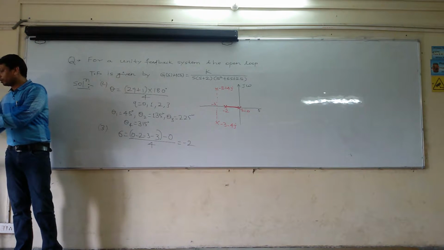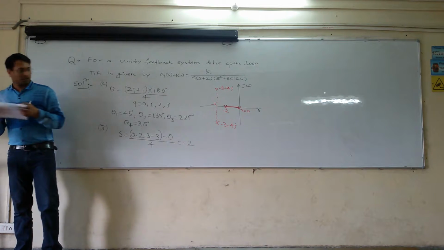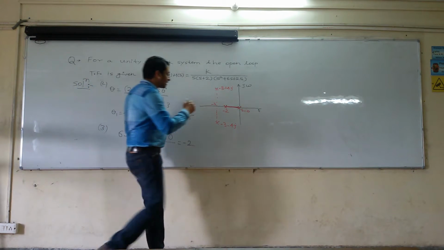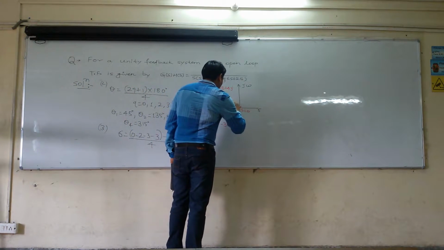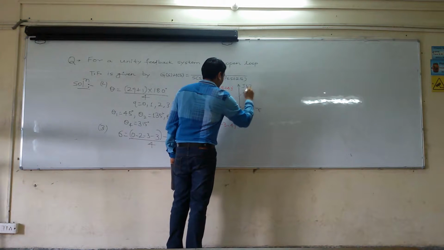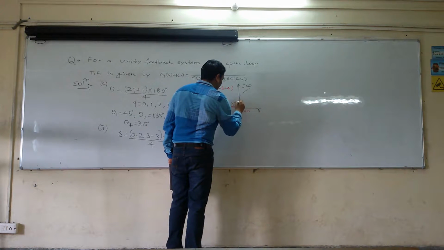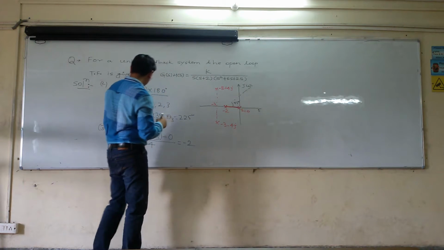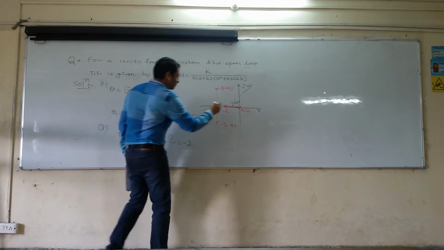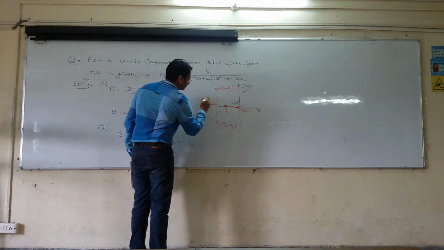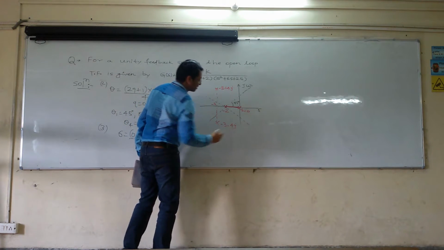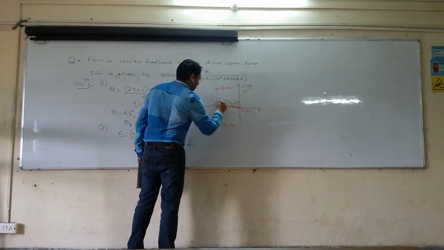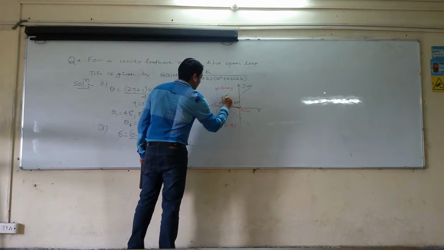So your asymptotes will intersect on these points now. So let us locate this. This is your 45 degree, correct? And what is 135 degree? I think symmetrical. These are symmetrical. Correct or no? This is 45 degree. This is 135 degree.